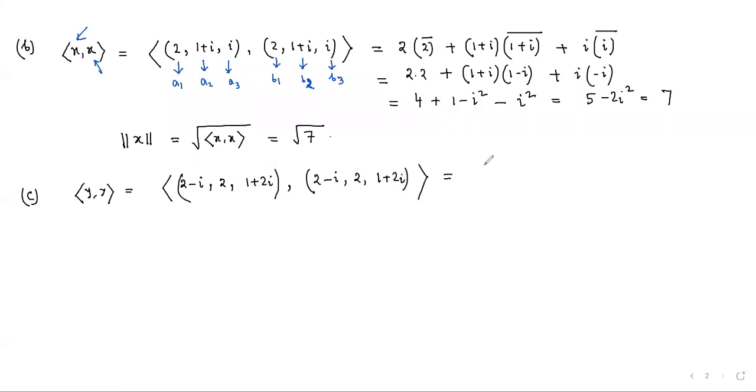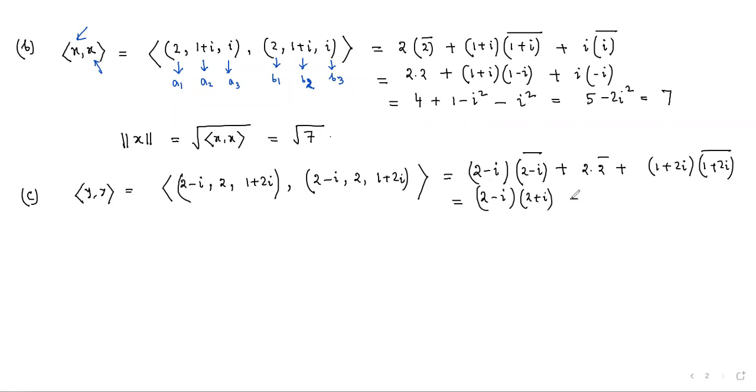And then you can do the thing component wise. 2 minus i, 2 minus i, the complex conjugation of it. 2 multiplied with the complex conjugation of 2. 1 plus 2i multiplied by the complex conjugation of 1 plus 2i, which is 2 plus i.